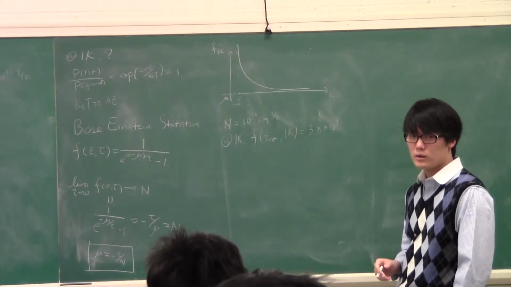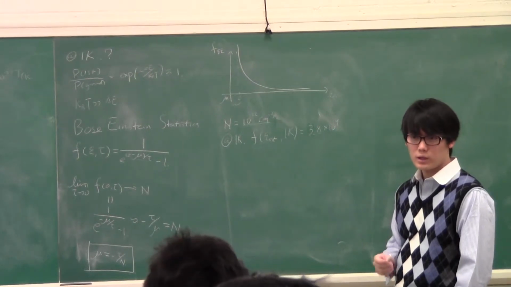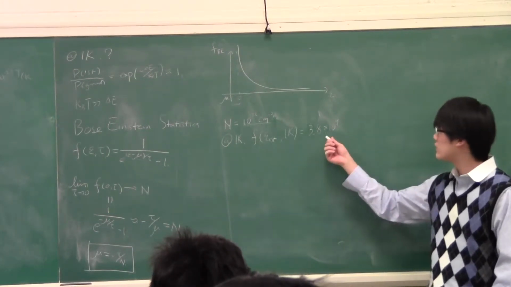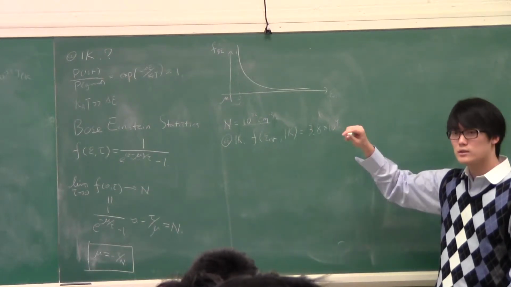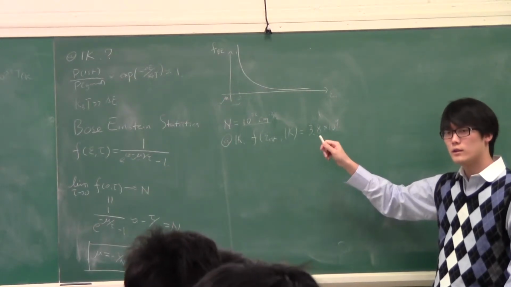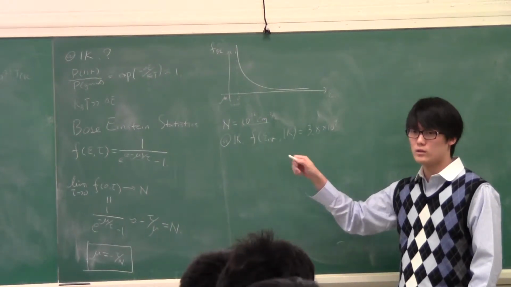So out of the 10 to the 22 particles in the box, we only have 3.8 times 10 to the 9 in the first excited state. And for higher excited states, the number is even smaller.